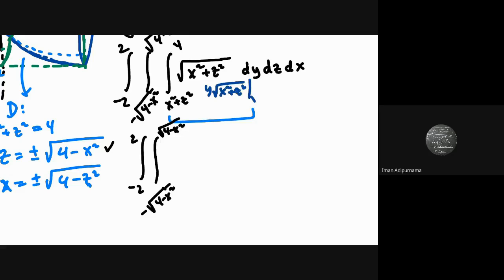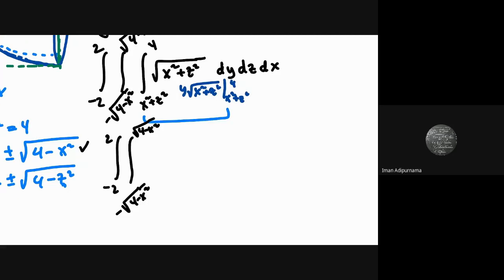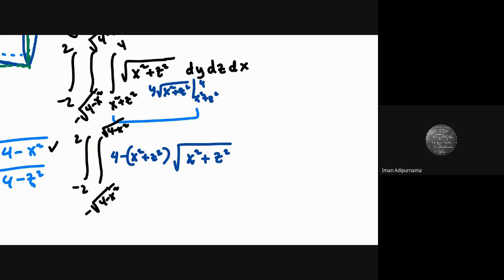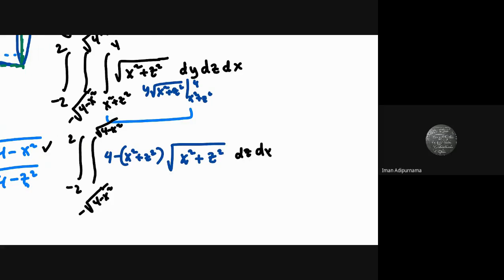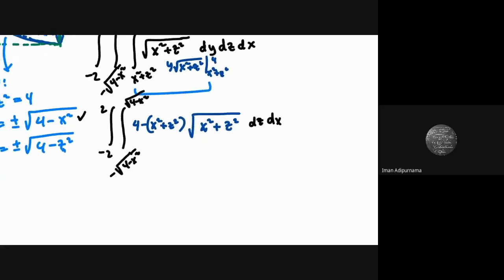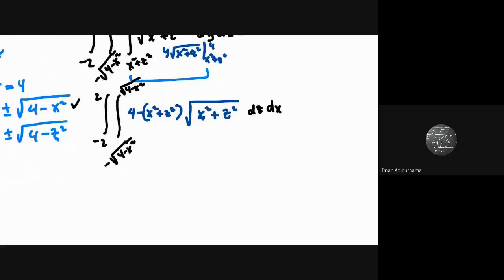And then plug in the x squared plus z squared and then 4. Okay, let's write that. So 4 minus x squared plus z squared, and then the square root of x squared plus z squared. And we still have dz dx. If you want to try, you can try to integrate this, but I don't want to.